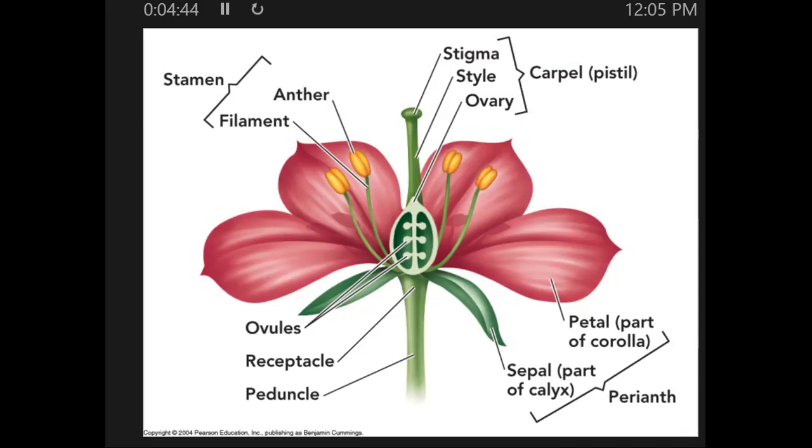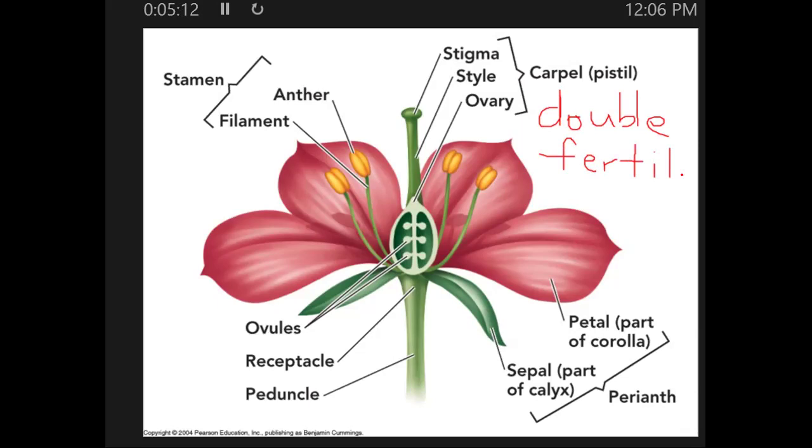Then, if everything goes okay and the sperm fertilizes the egg, and remember that second sperm also involved. I don't know if I ever explicitly said the famous term: double fertilization.